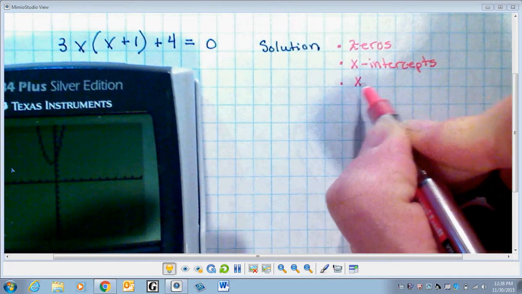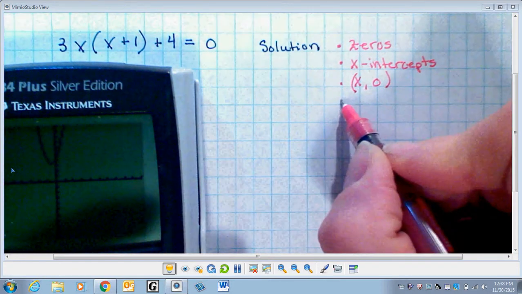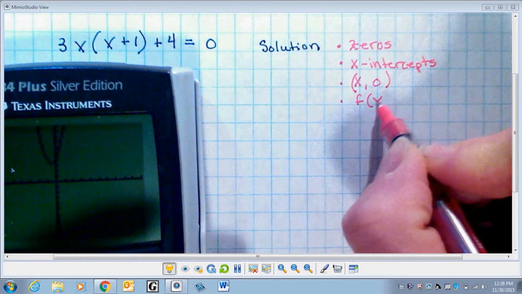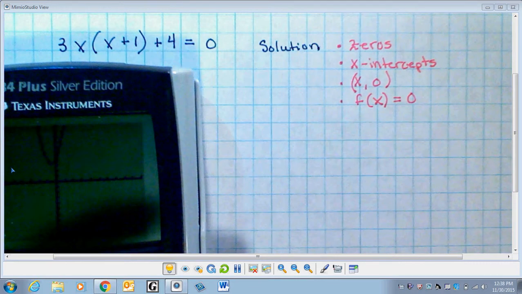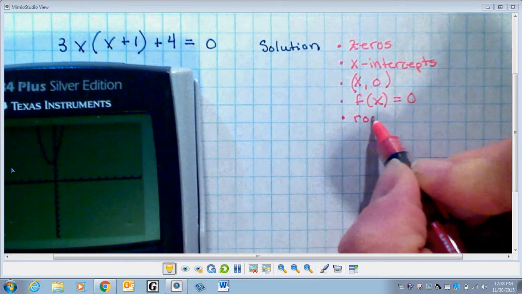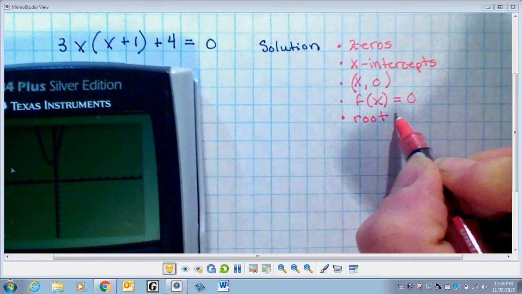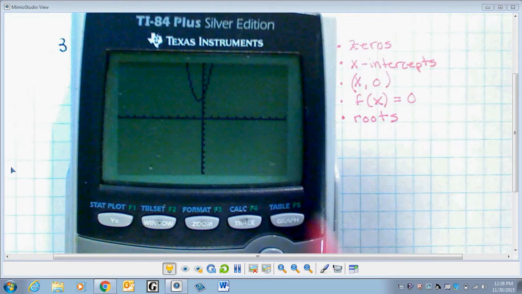That's where x is some value, y is 0. That's where I have some value of x that makes my y equal to 0. Oh, the one thing I forgot on the other video was also the word roots. I'm looking for the root or roots. So that's only found on the x-axis.